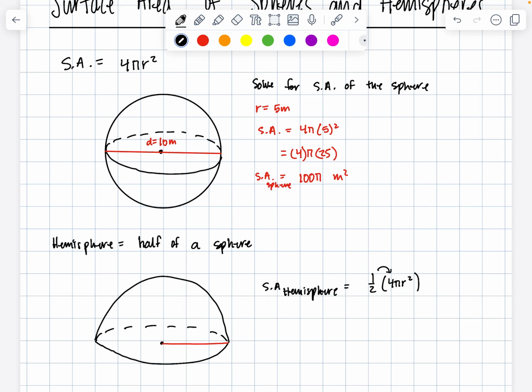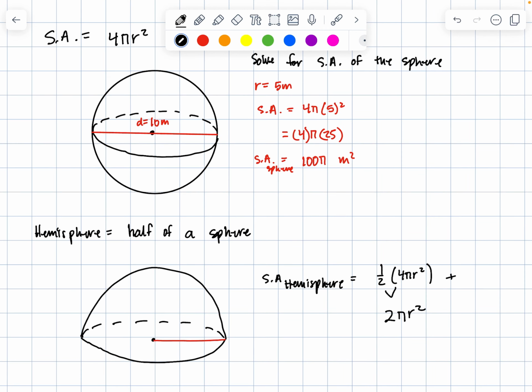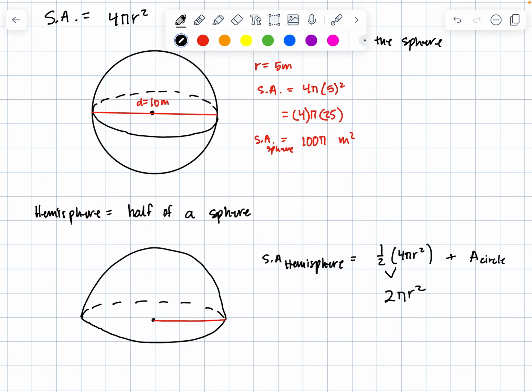So once you multiply that in, you end up getting 1/2 times 4 is 2 pi r squared. Then we're going to add on the base, the area of the circle. We know the area of the circle is equal to pi r squared.